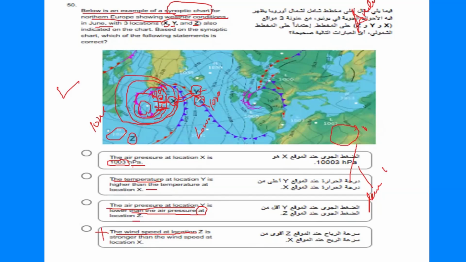Because this isobar shows 1020 and this shows 1024, even further from 1020. Even 1020 is less than 1024. So this statement is correct: the air pressure at location Y is lower than the air pressure at location Z.